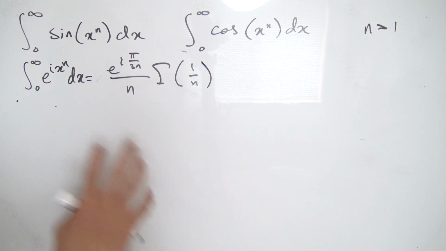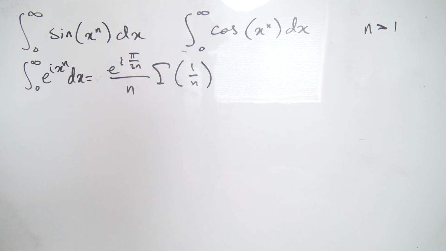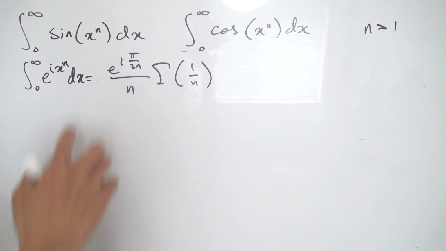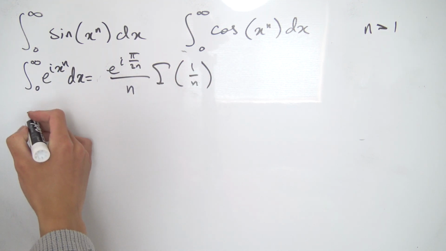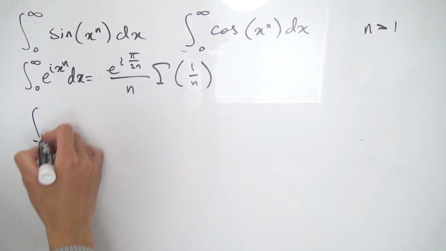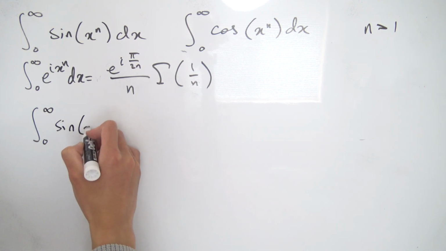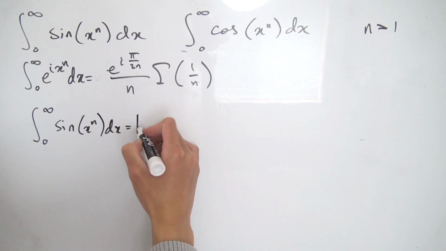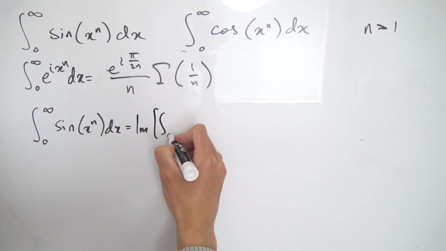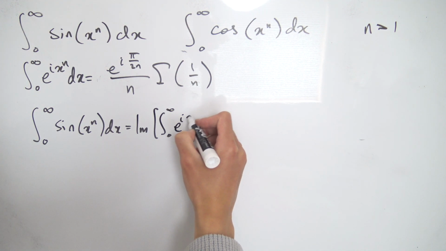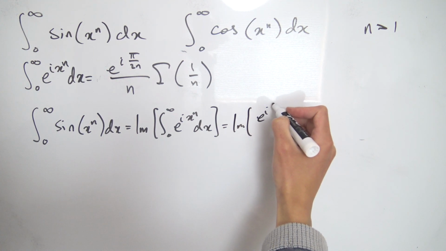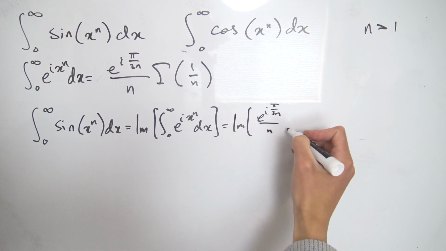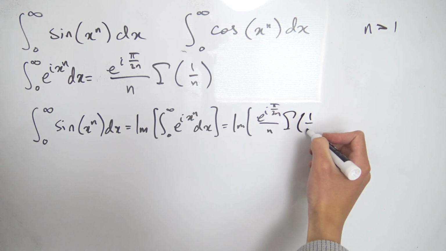Alright, very nice. So we've basically evaluated this generalized integral, and now in order to obtain these two integrals, we just simply take the real and imaginary parts respectively. So if we look at the integral from 0 to infinity of sine of x to the n dx, that's exactly the imaginary part of the integral from 0 to infinity of e to the i x to the n dx, which is equal to the imaginary part of e to the i pi over 2n over n times the gamma of 1 over n.